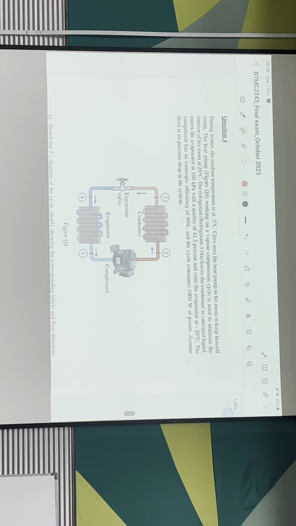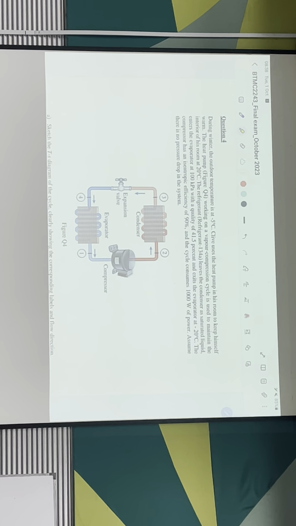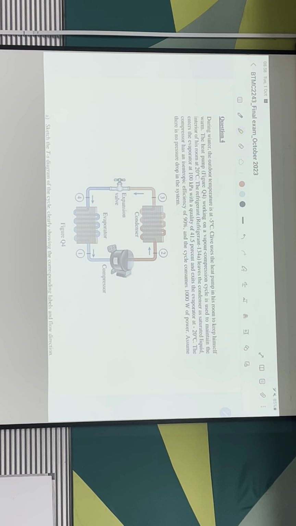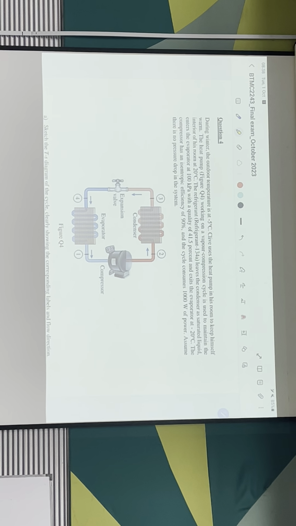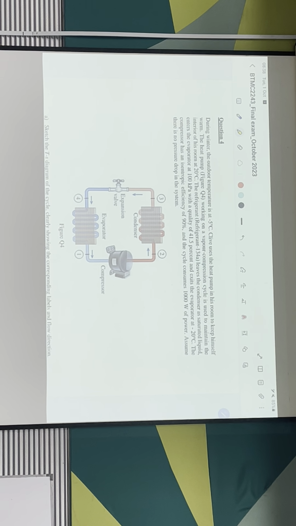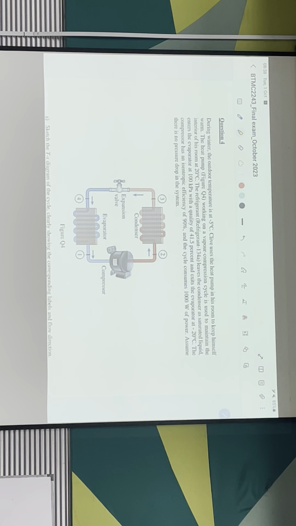Okay, so then we look at the last question. During winter, the outdoor temperature is -5 degrees Celsius, and someone is using a heat pump in his room to keep himself warm. The heat pump, working on a vapor compression cycle, is used to maintain the interior of his room at 20 degrees Celsius.